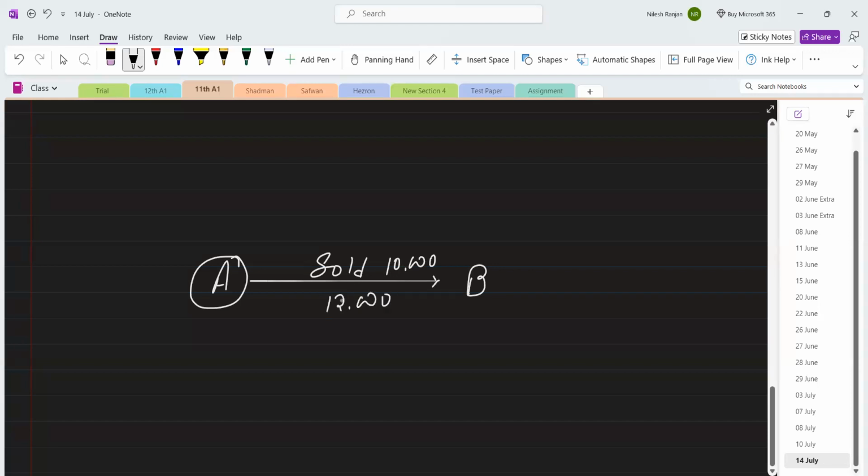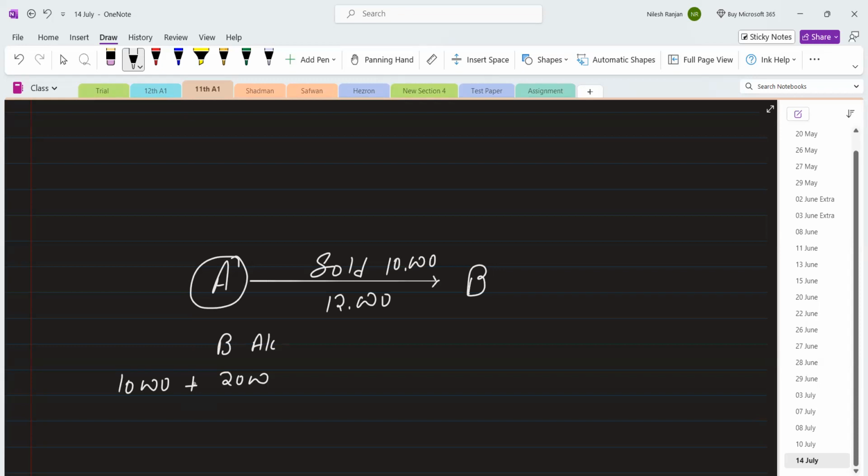So we will debit the account of B by 2,000. Means 10,000 is already receivable from B, and now we will add 2,000, means now B will pay 12,000 to us. So we are debiting 2,000 in his name. That's why we will issue a debit note to B stating that we are debiting your account by 2,000 because the goods were at less valuation.